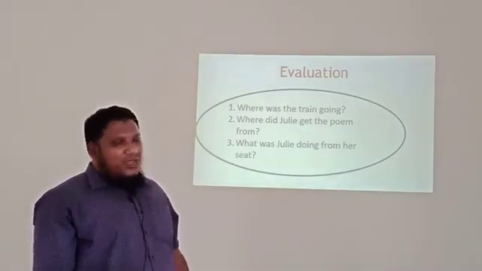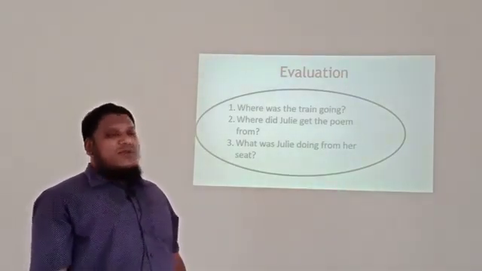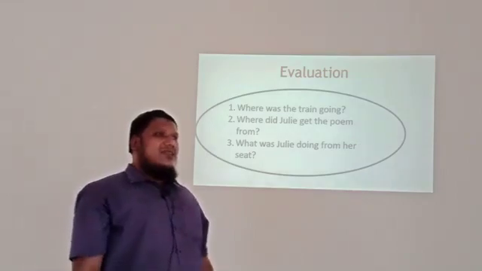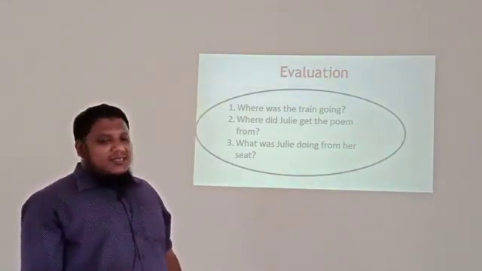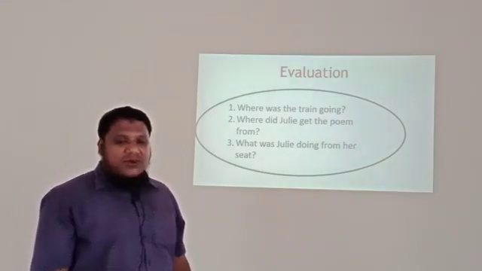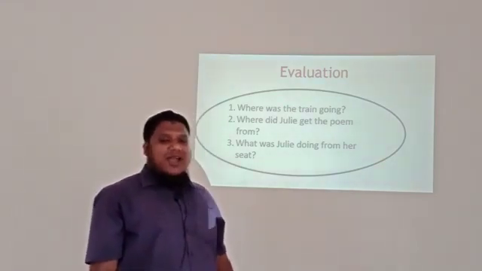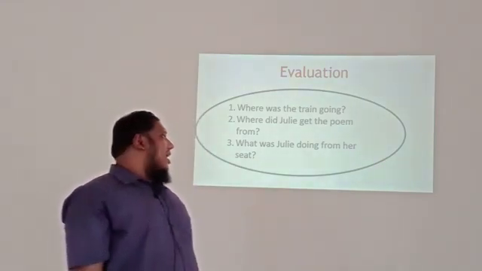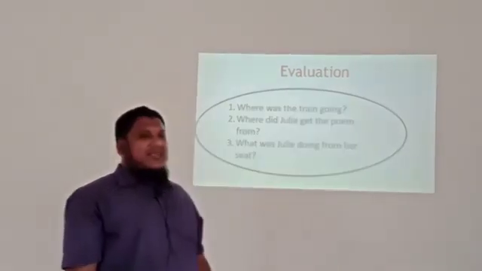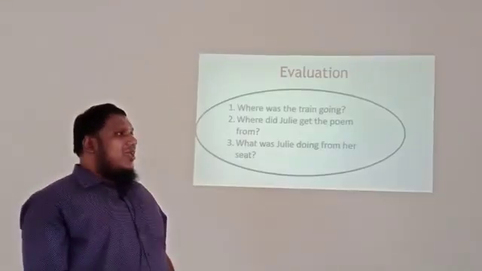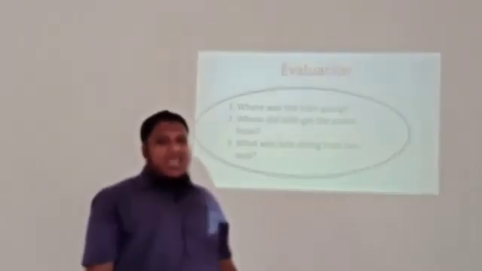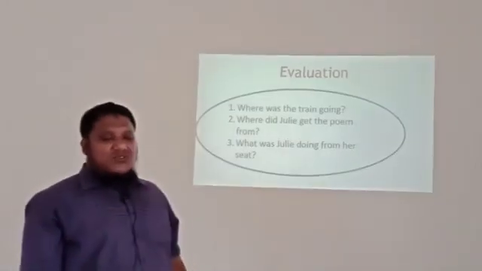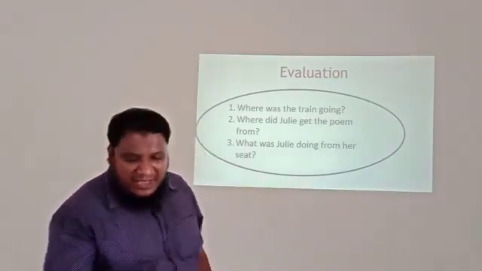Here we learn that from the internet we can gather or know everything. Finally, what was Julie doing from her seat? In the picture we see Julie was sitting by the window, and she tried to see everything.